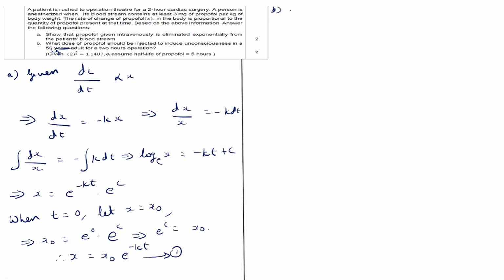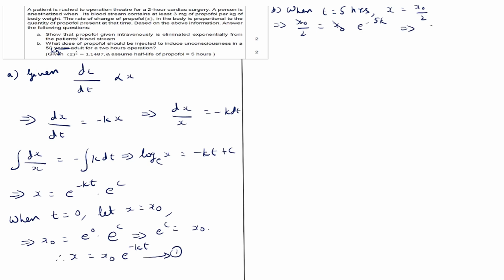The meaning is that when t equal to 5 hours, x equal to x naught by 2. So from this we get x naught by 2 equal to x naught into e raised to minus 5k. Here x naught and x naught will go.